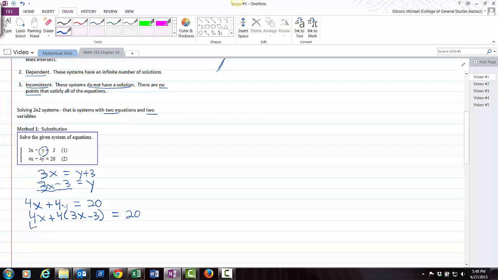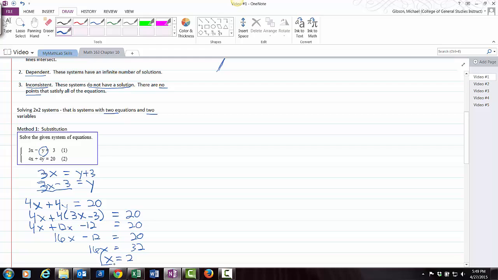Then we get 4x plus 12x minus 12 equals 20. Add the x's together, I get 16x minus 12 equals 20. Add the 12 to both sides: 16x equals 32. Then dividing both sides by 16, x equals 2.